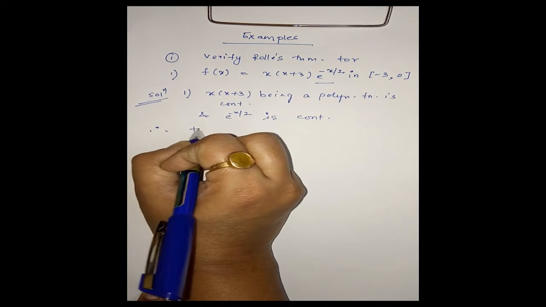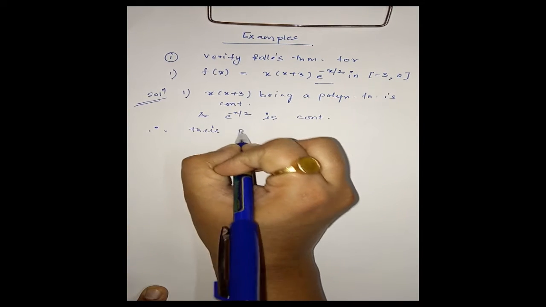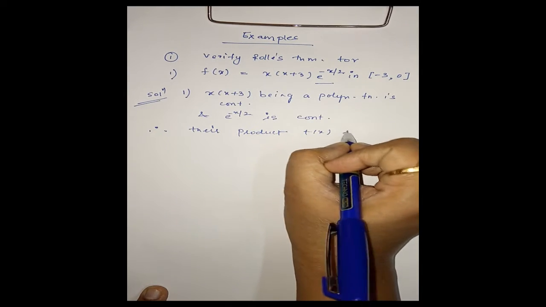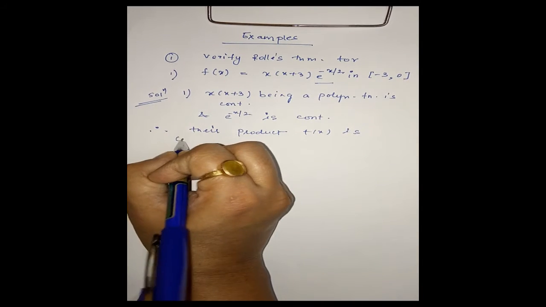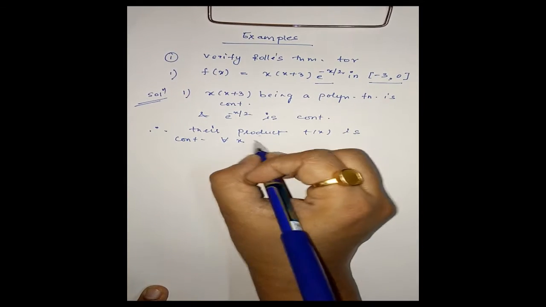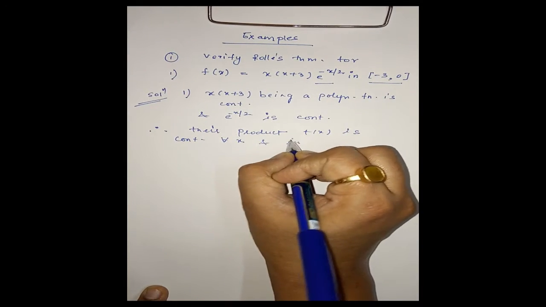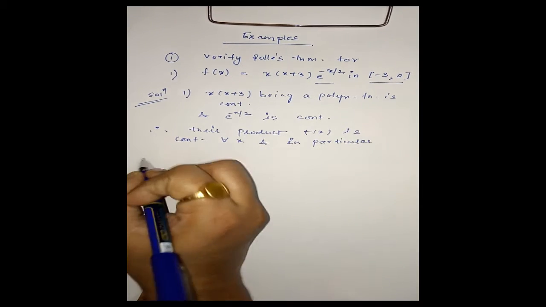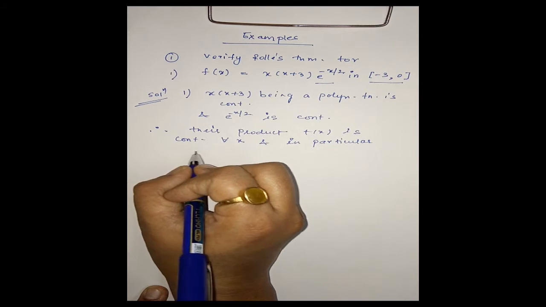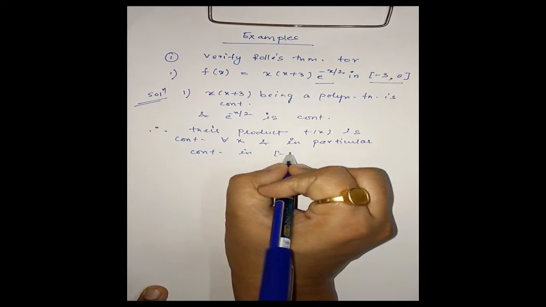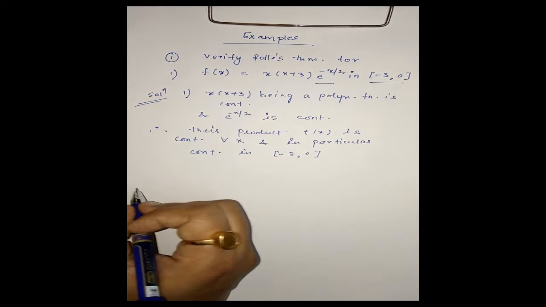Therefore f(x) is continuous for every x, and in particular continuous in the closed interval [minus 3, 0]. This is the first condition of Rolle's theorem.